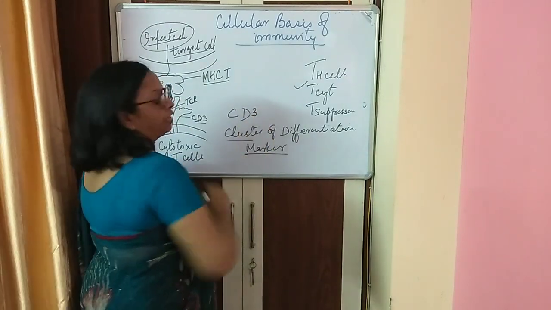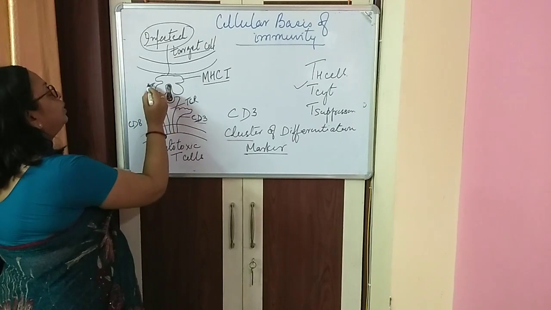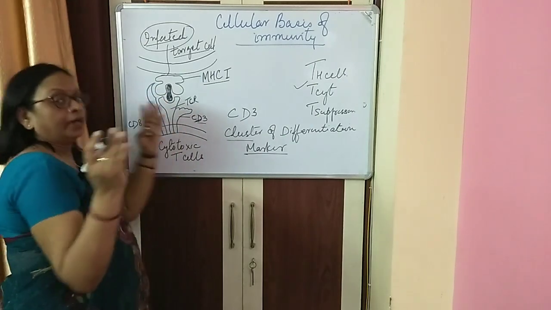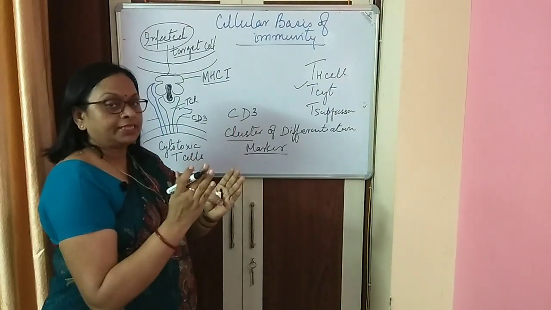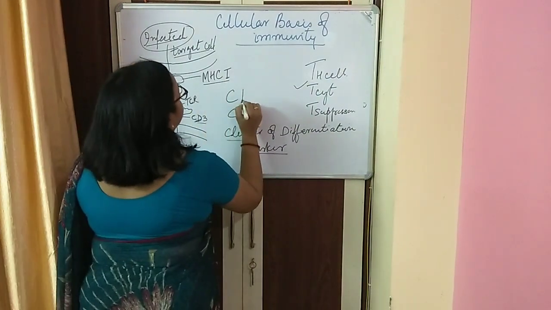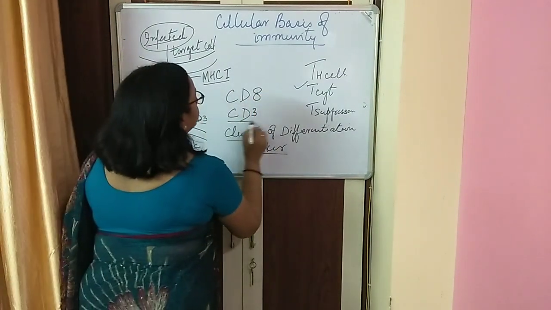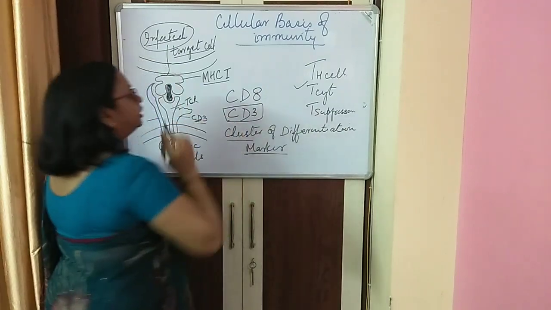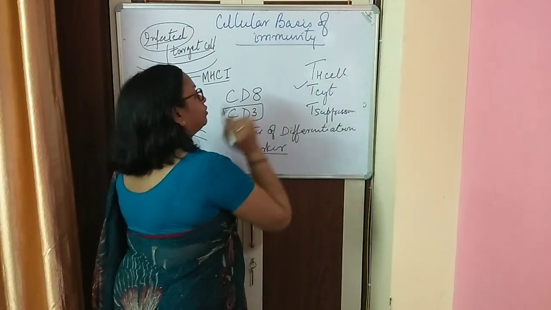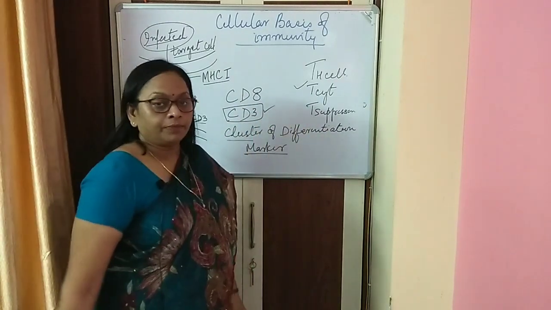So it is CD3. One more number is written here, one more blue colored receptor, which also helps this T cell receptor, and that is CD8. CD3 is common to all types of cells, whether it is T helper cell, T cytotoxic cell or T suppressor cell.